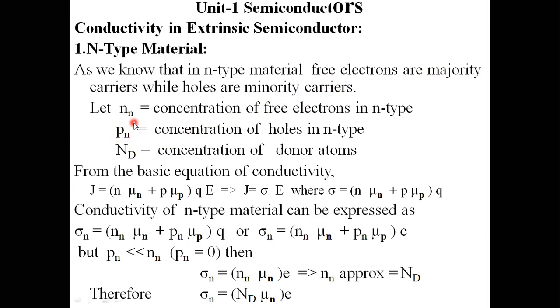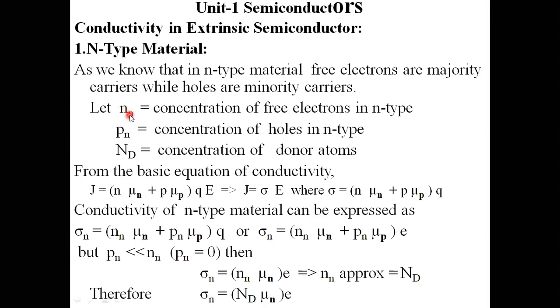Let n suffix n mean the concentration of free electrons in n-type semiconductor material. N means the concentration of electrons, which we know, and the suffix n represents n-type material.